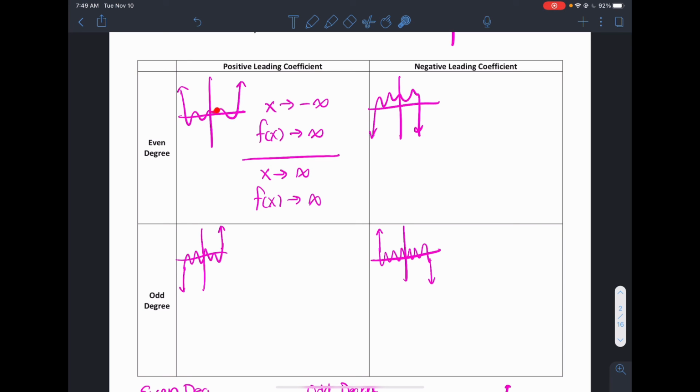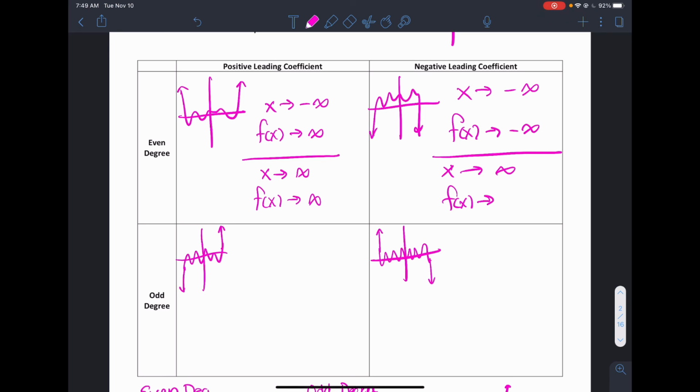The further right I go on the graph, the further up I go. You should always have your x statements be the same, negative infinity and positive infinity, one for each arrow on the graph: one for the left arrow, one for the right arrow. Then you determine whether it's going up or down at that arrow. At the left arrow, I'm going down, so it's negative infinity. At the right arrow, I'm going down, so it's negative infinity.